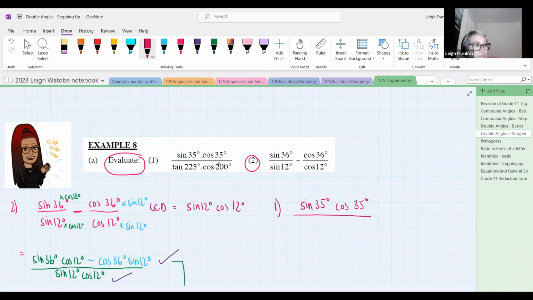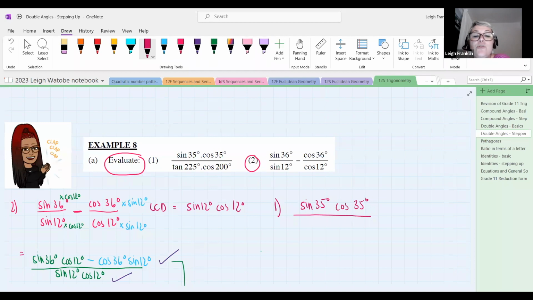Go with 180 minus, 180 plus, 360 minus first, and then only use co-functions if we're working with sine theta and cos theta. Okay, so obviously we're not going to use 90 minus and 90 plus for tan 225 or cos 200. And again, if you used co-functions, it would have to be something that was either in the second quadrant or in the first quadrant, right?